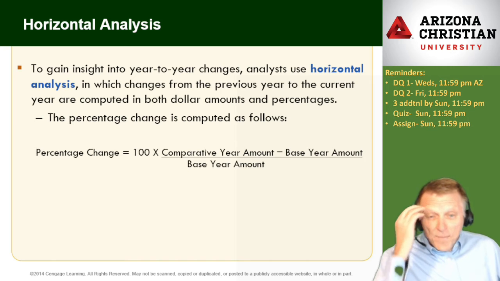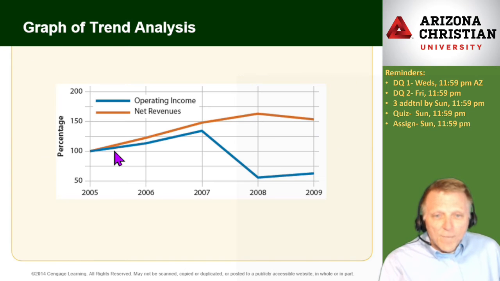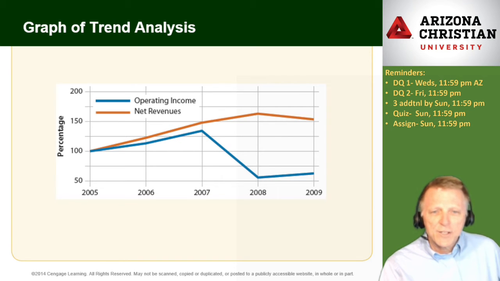Somewhat similar to that horizontal analysis is the trend analysis. It's a variation of the horizontal analysis, and it calculates percentage changes for several successive years instead of just for 2 years. In this example, the business is watching their operating income at the same time it's watching its net revenues.